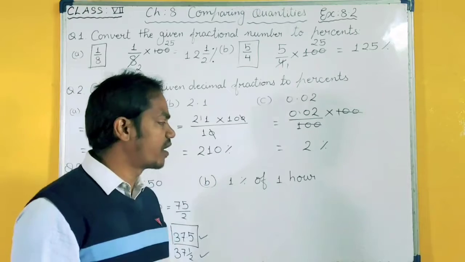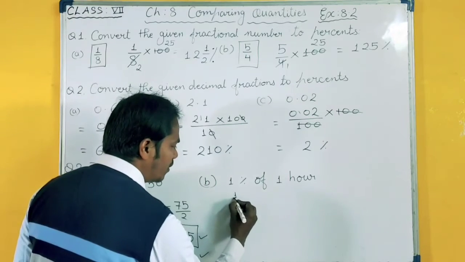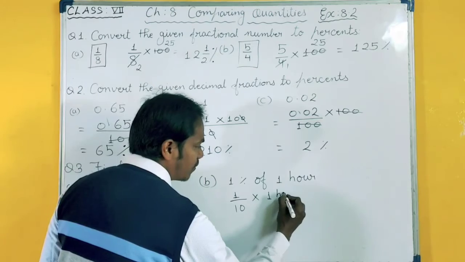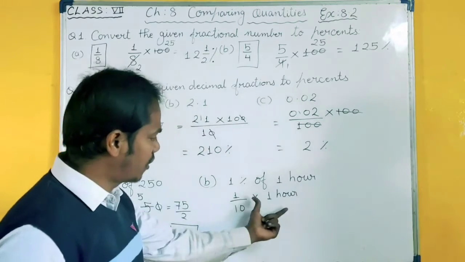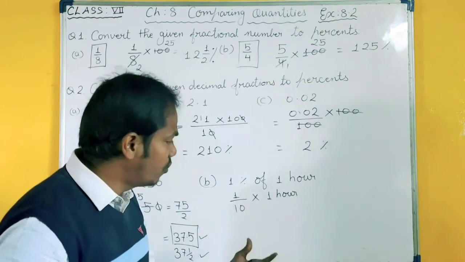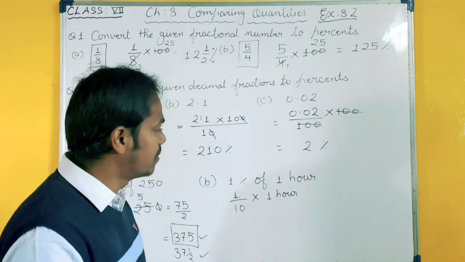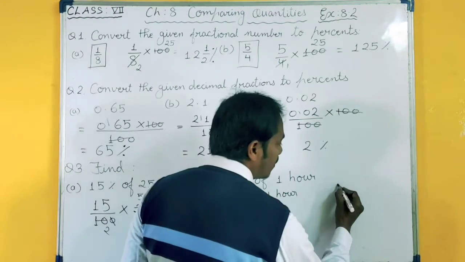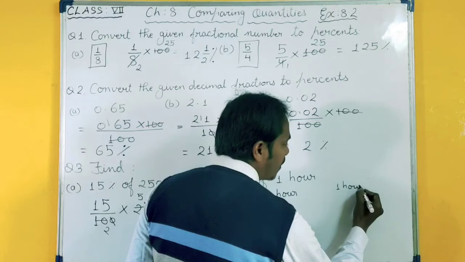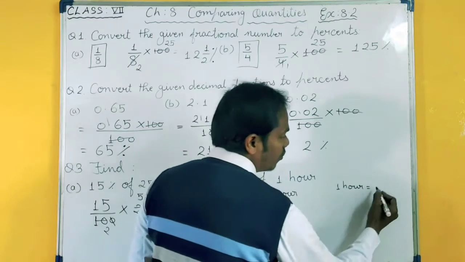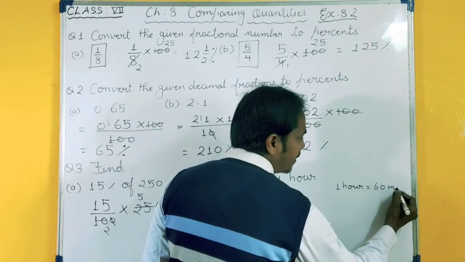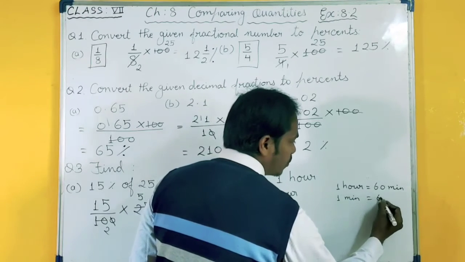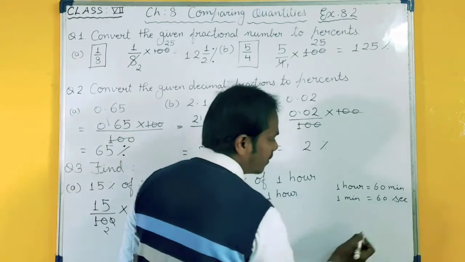Now 1% of 1 hour. Okay, can you solve this? To find the exact answer, I will convert this into seconds. 1 hour is equal to 60 minutes and 1 minute is equal to 60 seconds.